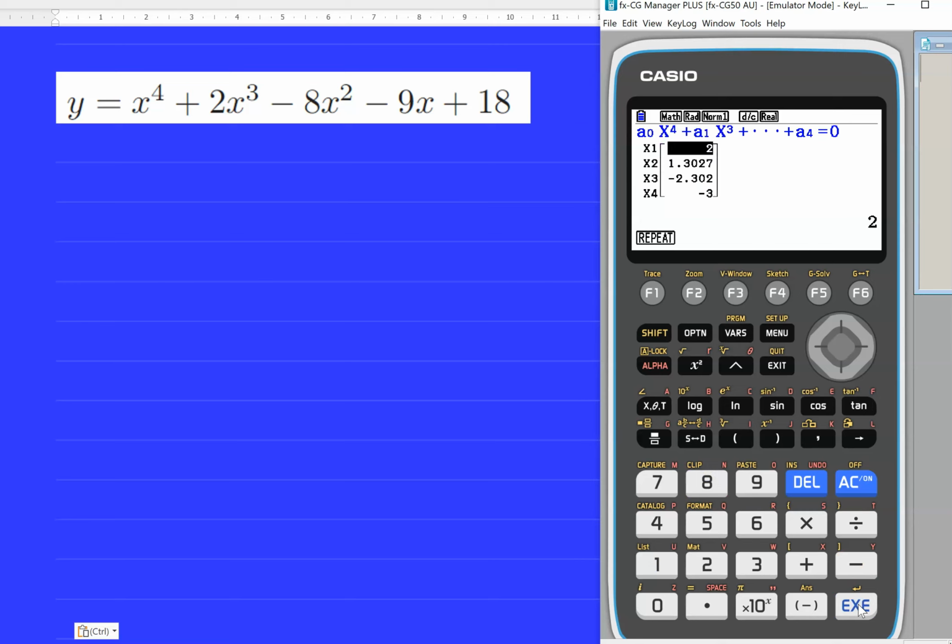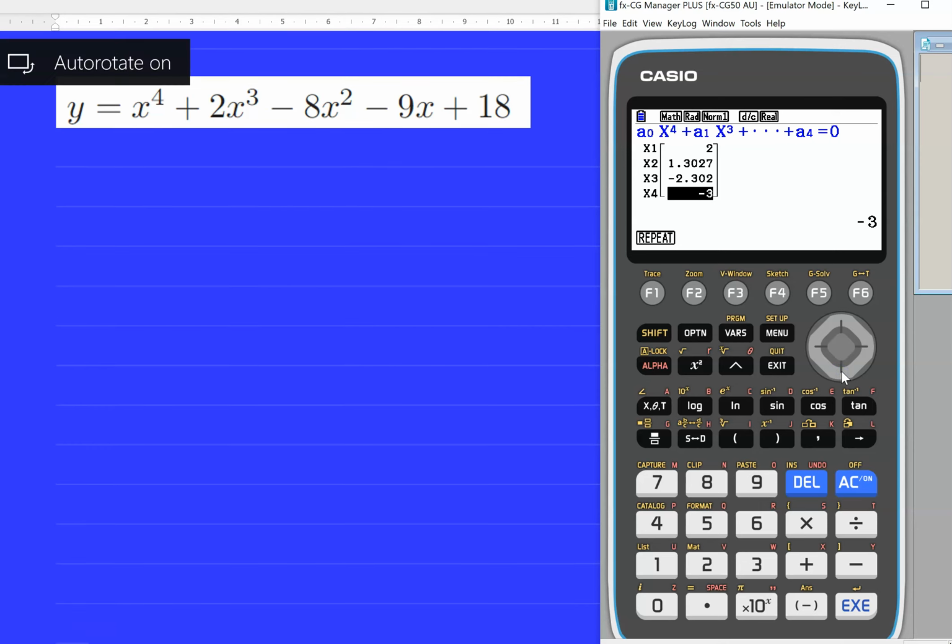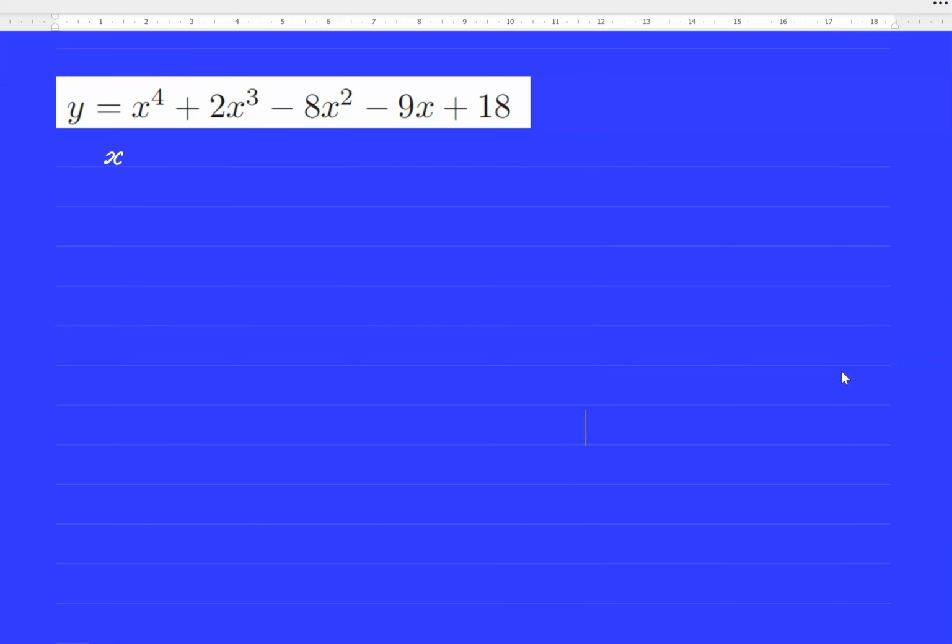Okay, we press solve, and as we scooch down, we can see we've got one nice zero of 2, and another nice one. All right, so we've got 2 and -3 as our zeros. So using technology, x equals 2, x equals -3 are our zeros.